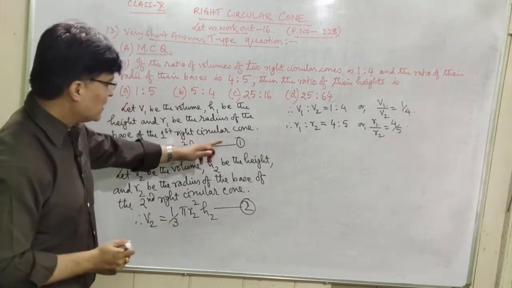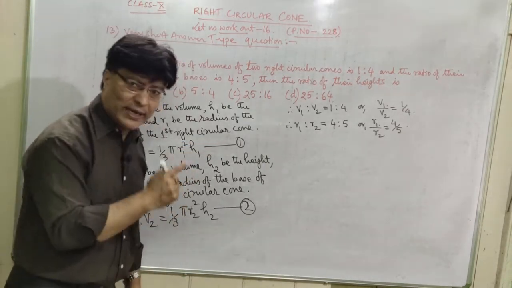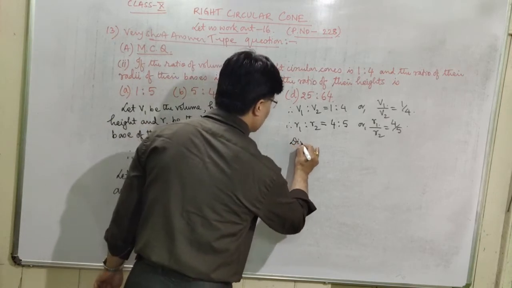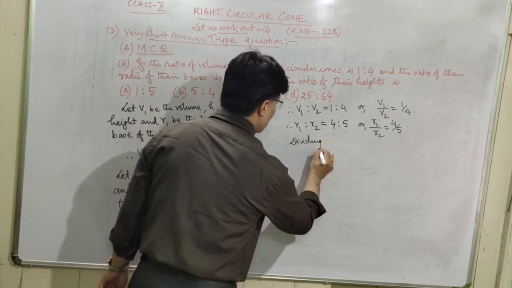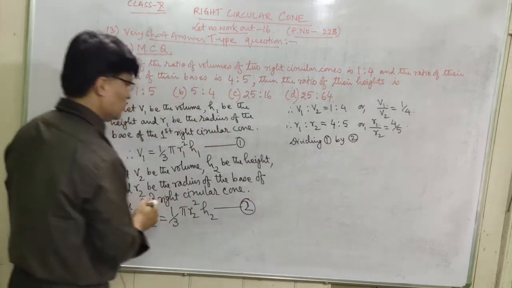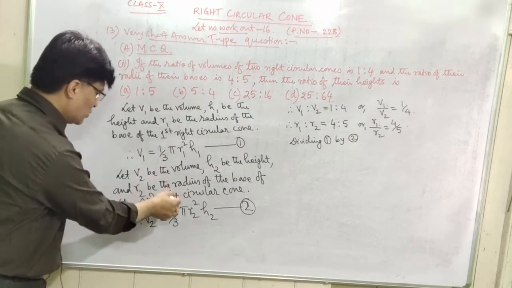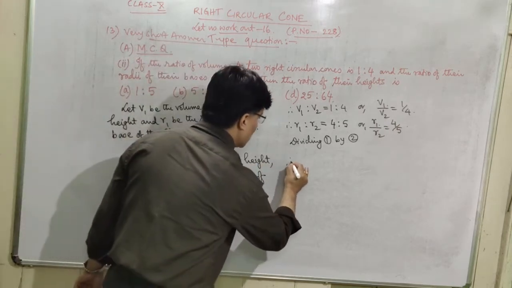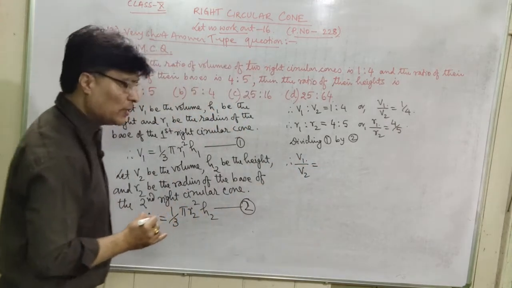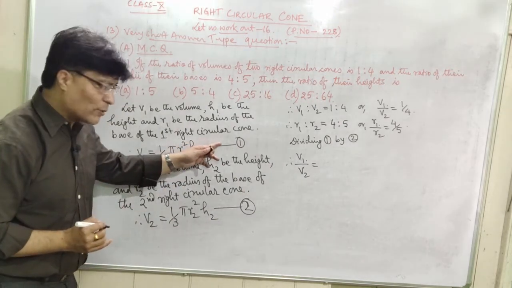So now let us divide 1 by 2 in order to get H1 upon H2. So dividing 1 by 2, what do we get? V1 upon V2 is equal to, now write down the right hand side of number 1 in the numerator.